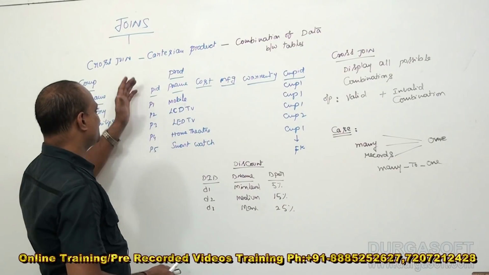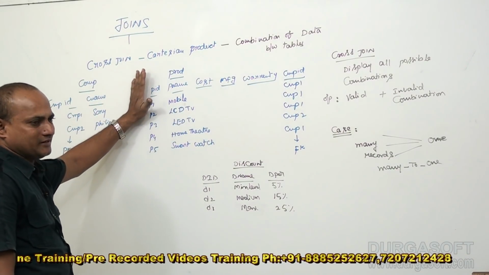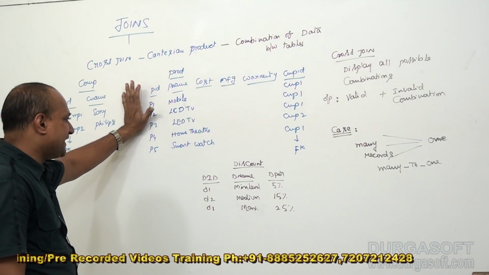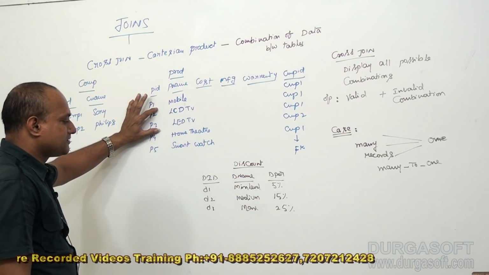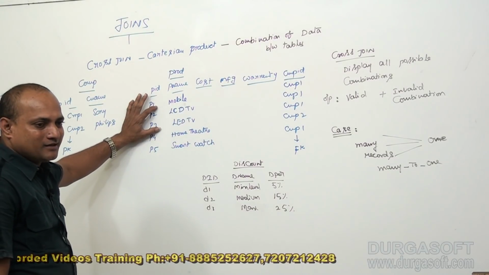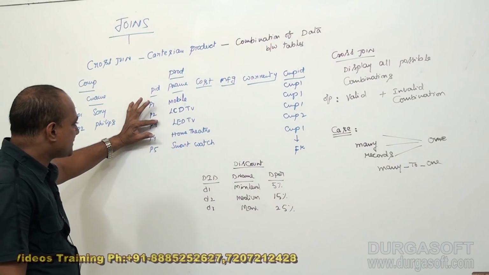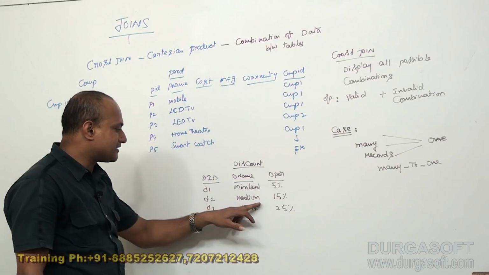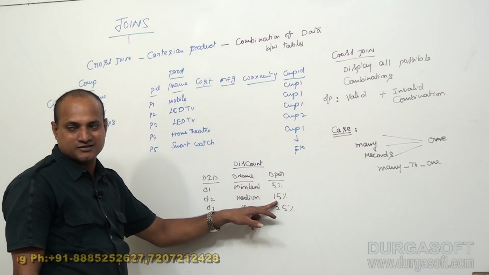Let us assume in the product table we have 10 LCD TVs and 10 LED TVs. For all LCD and LED TVs there is a discount of 15%. Means along with the product details, LCD TV details as well as LED TV details are mapping with only one record in the second table, that is called 15% discount.